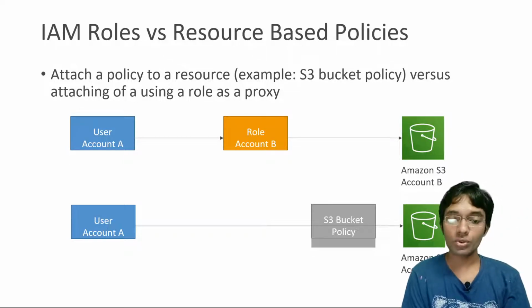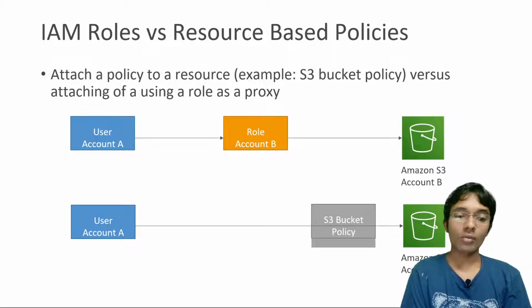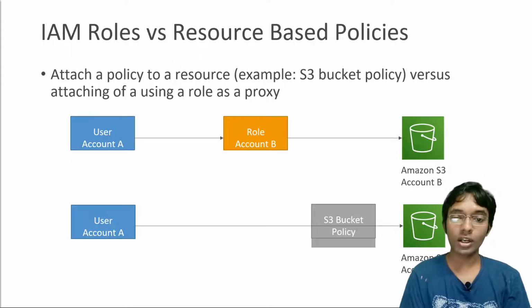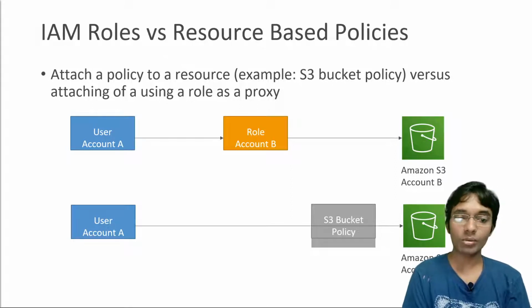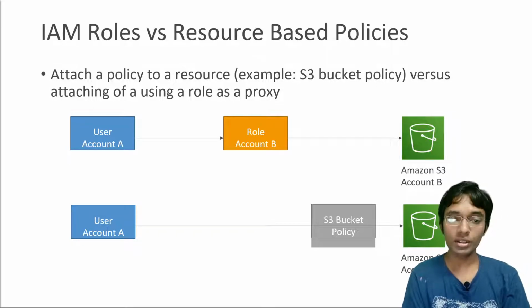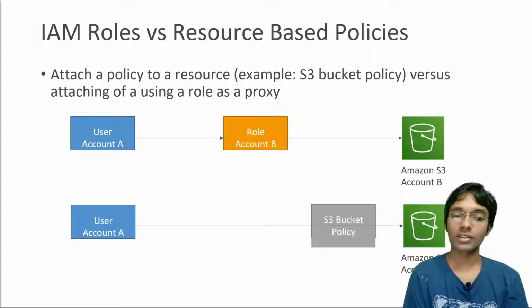So here is an example I have been given. We have a user in account A who is trying to access an S3 bucket in account B. There are two ways of doing this. The first one is to use a role in account B, and we will be assuming that role from account A. Once you assume the role in account B, the role will have the necessary permissions to access the S3 bucket, and that works.